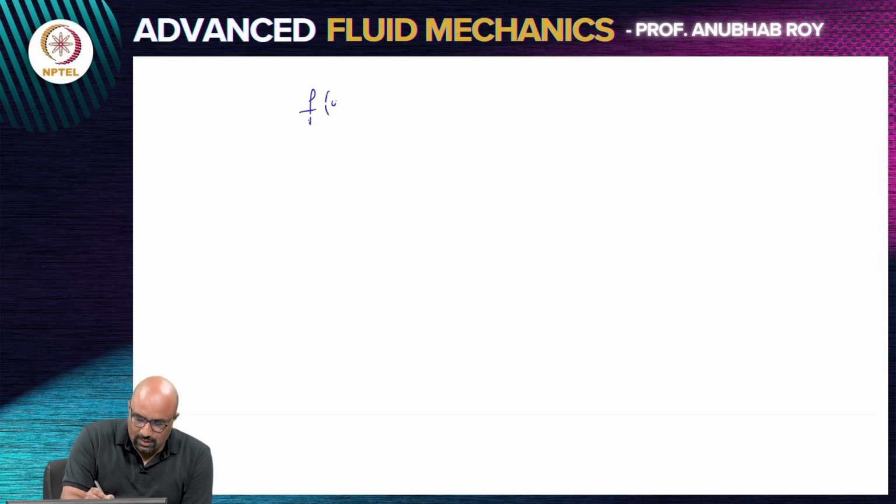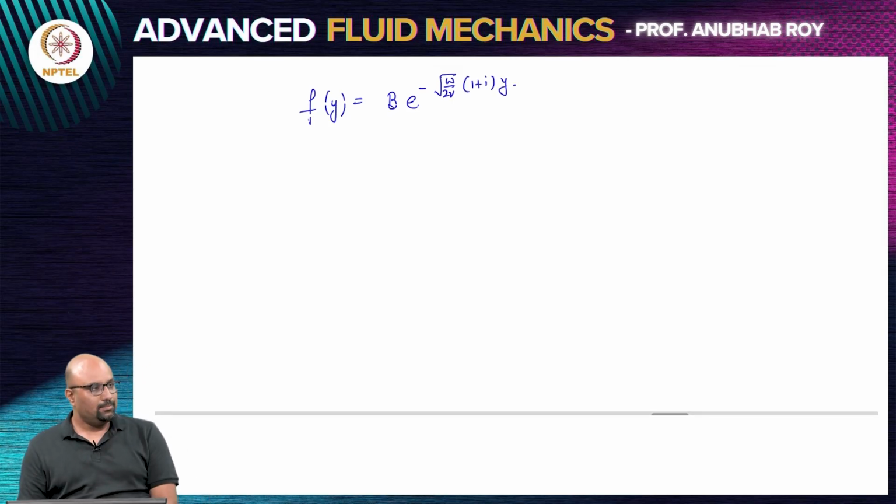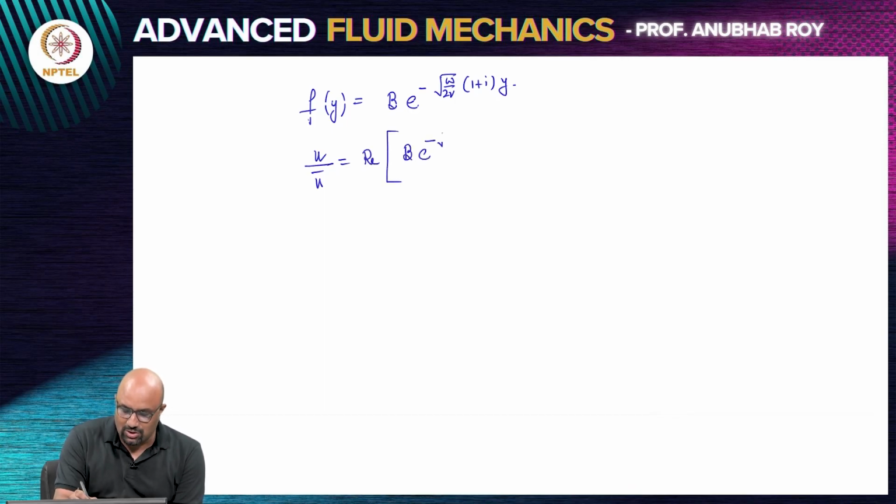So, we are now left with a solution that is e to the power minus alpha y. Alpha is square root of omega by 2 nu times 1 plus i. The full solution u by u bar is going to be the real part of b exponential of minus square root of omega by 2 nu 1 plus i y e to the power i omega t.